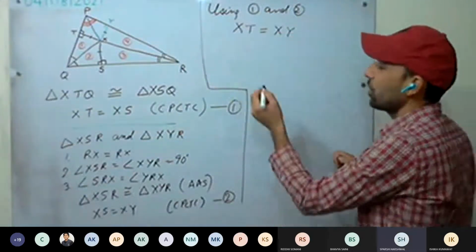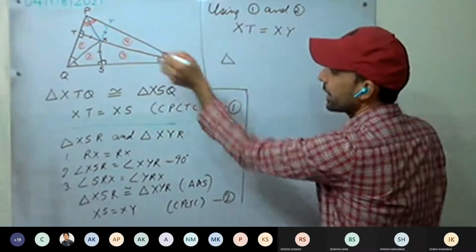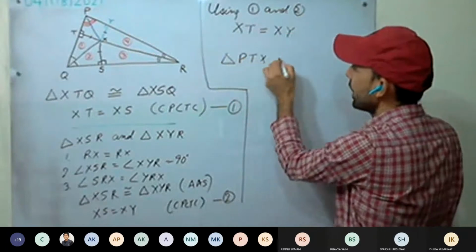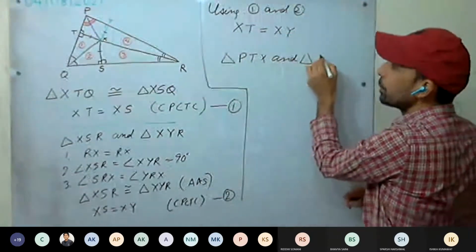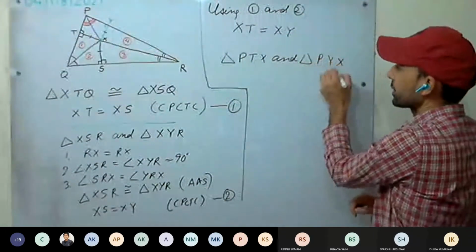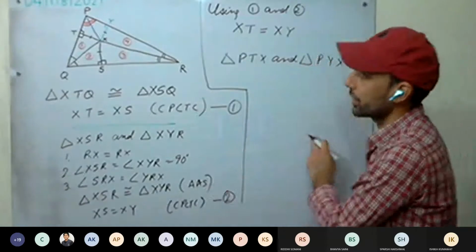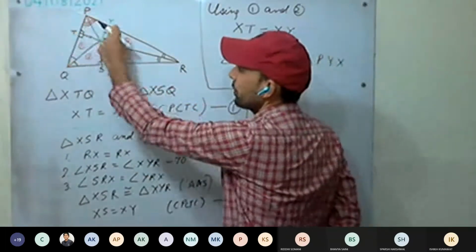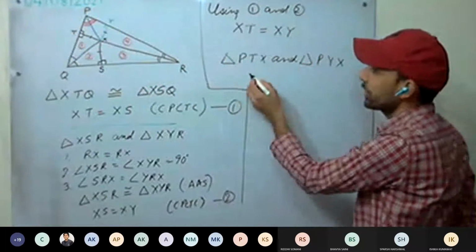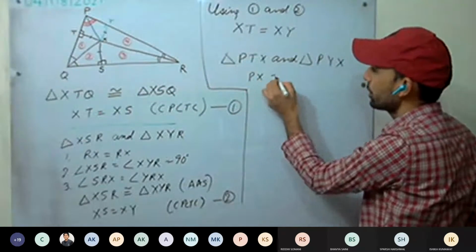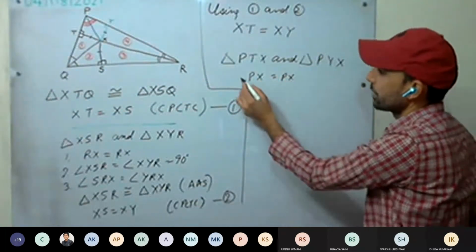Yes, sir. Now we can easily do it. We are taking triangle PTX and triangle PYX. PX is common, PX equal to PX, common side.